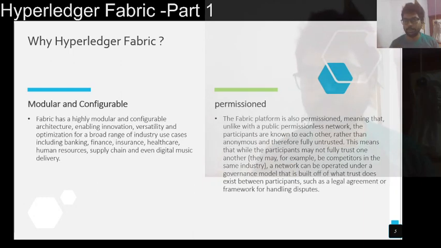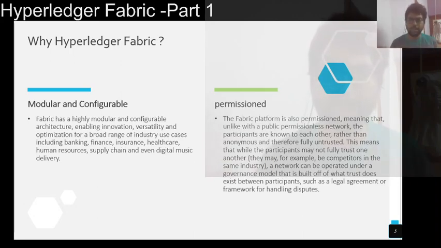But one more thing is the permission. There is a difference between permissionless and permissioned. Ethereum, Bitcoin, and all cryptocurrencies are basically permissionless networks where any participant can join.